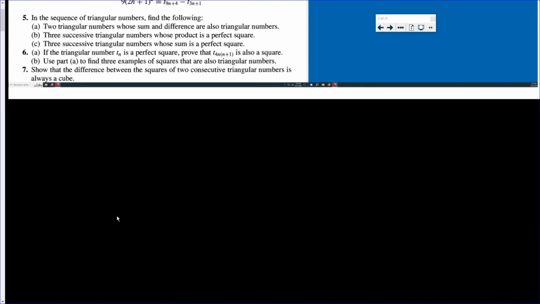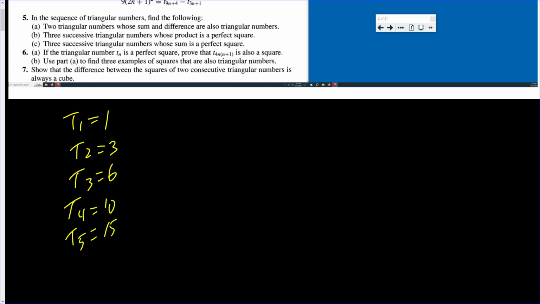Okay. Number 5 has a few parts. In the sequence of triangular numbers, find the following. Two triangular numbers whose sum and difference are also triangular numbers. Well, t1 is 1, t2 is 3, t3 is 6, t4 is 10, t5 is 15, t6 is 21, t7 is 28, t8 is 36, and t9 is 45.